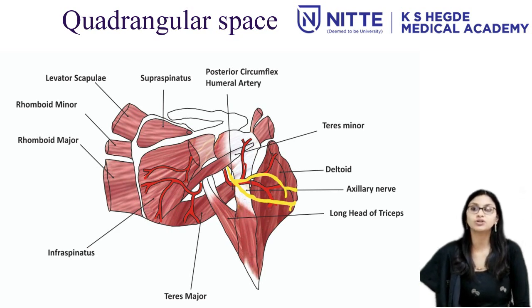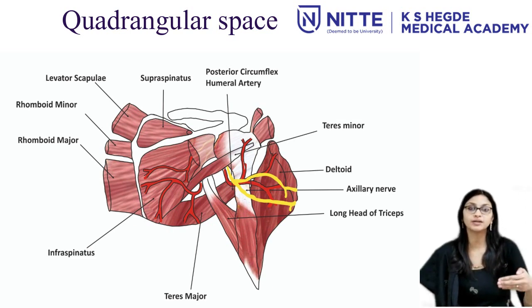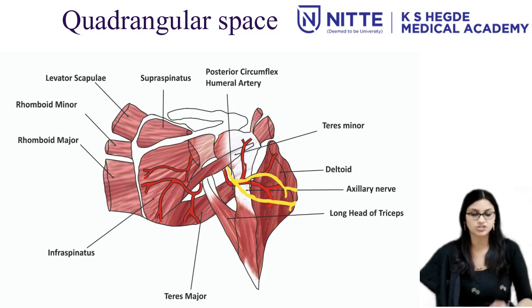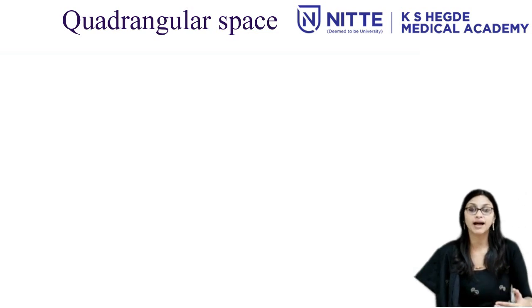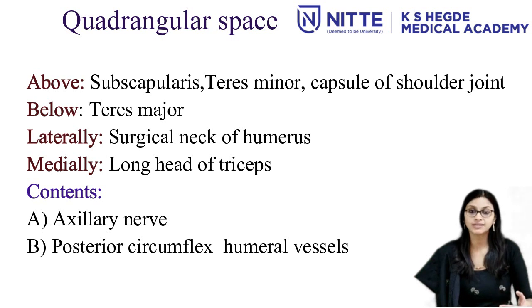This quadrangular space has 4 boundaries: above, below, lateral and medial. Above, it is bounded from front to back by 3 structures: subscapularis anteriormost, then comes the capsule of the shoulder joint, and then comes the teres minor.